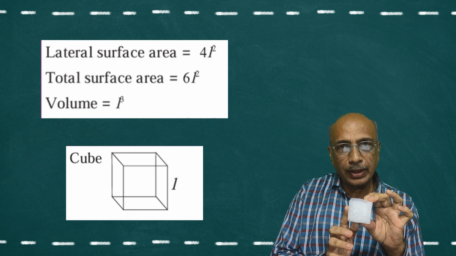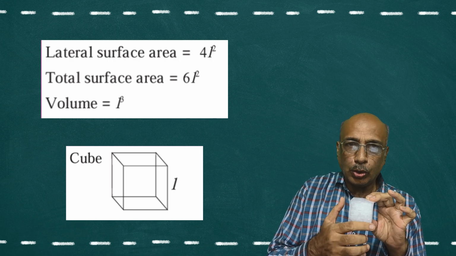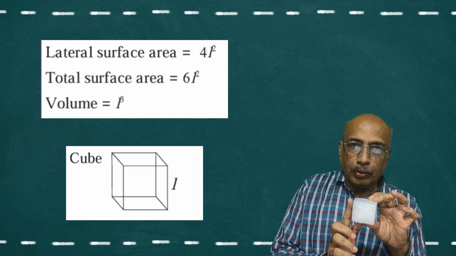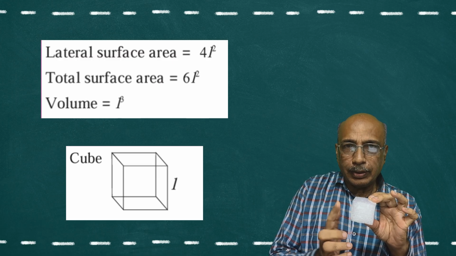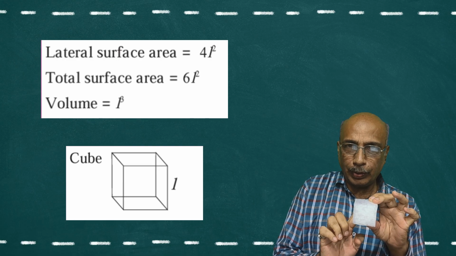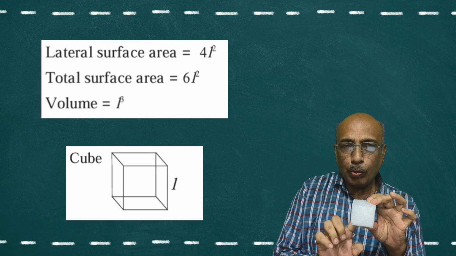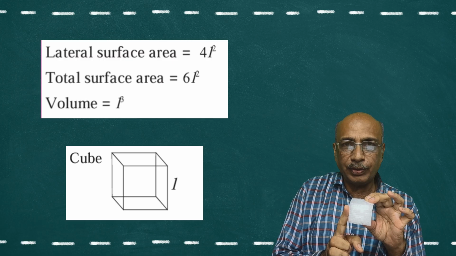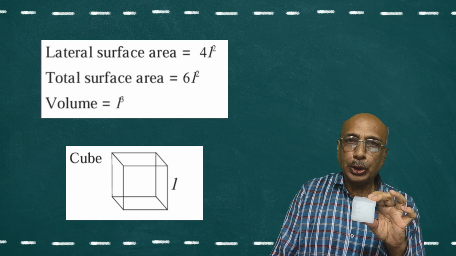All sides are equal. So 1L square, 2L square, 3L square this side and fourth one towards my side. So vertical surface area or lateral surface area will be 4L square.